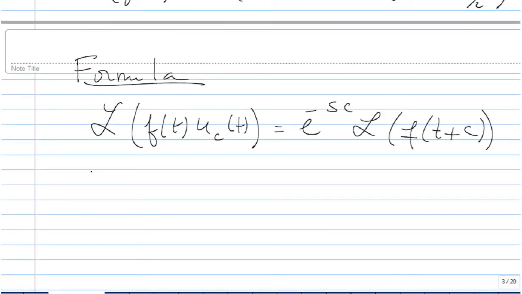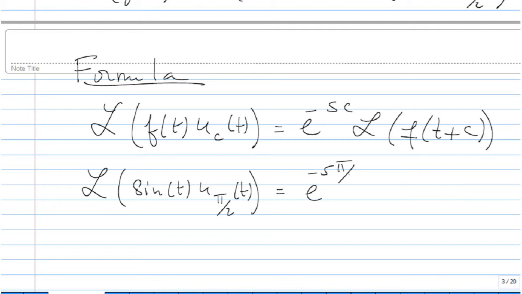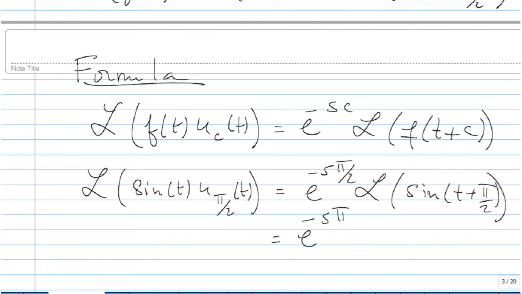So this will give us that Laplace of sine of t u pi over 2 of t is equal to e to the minus s pi over 2 Laplace of sine of t plus pi over 2. So using trigonometry, we know that sine of t plus pi over 2 is cosine of t.